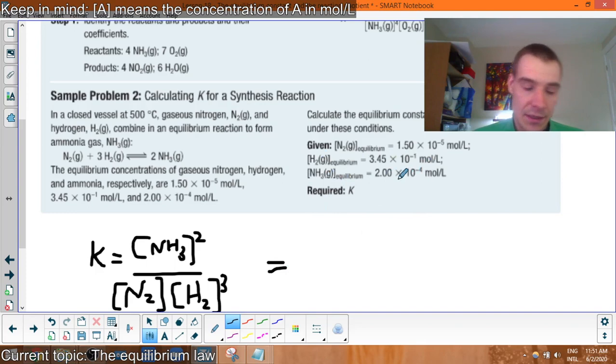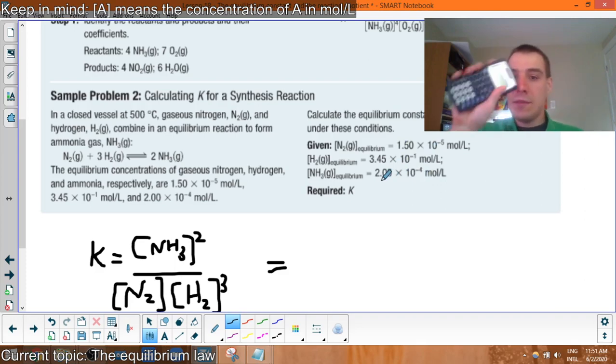So these are in scientific notation. So please, use your calculator. Use lots of brackets to put the scientific notation in.